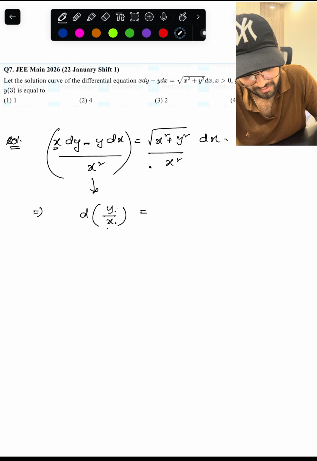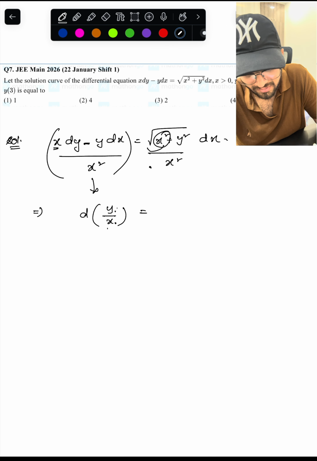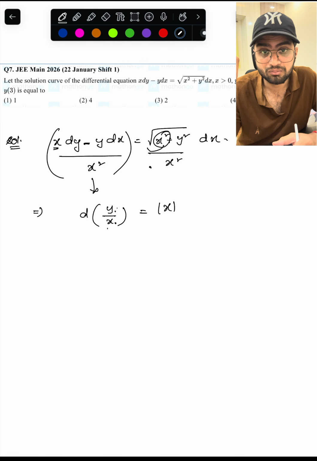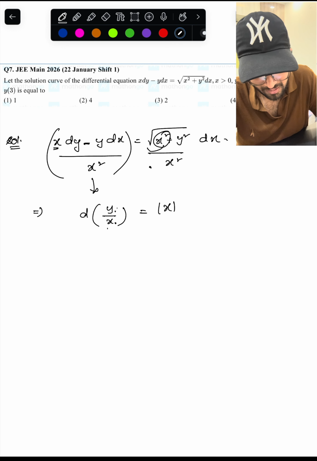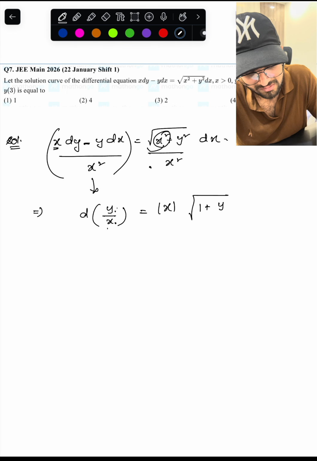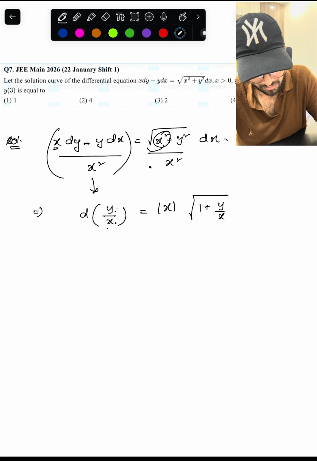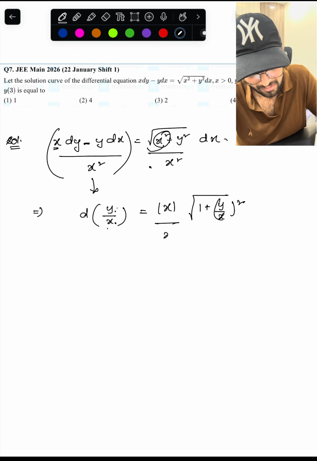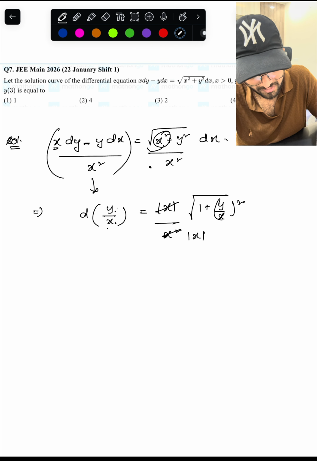And on the right side you can take out x square from the root. So mod x will be out. Whenever x comes out of a square root, you should apply modulus, otherwise you will make mistakes. So y square by x square, or y by x whole square, by x square. So mod x and x square cancel out, you will get mod x.